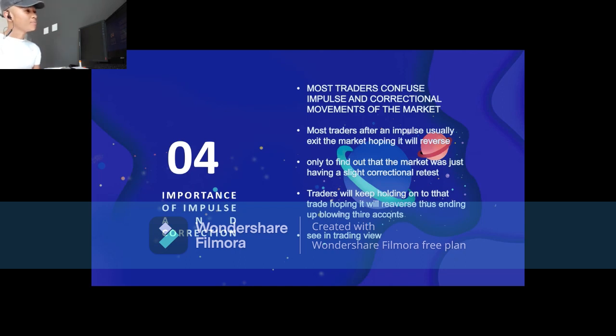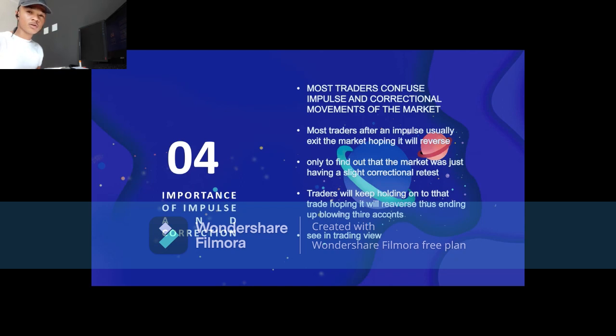Most traders after an impulse usually exit the markets hoping it will reverse, only to find out that the market was just having a slight correctional retest.